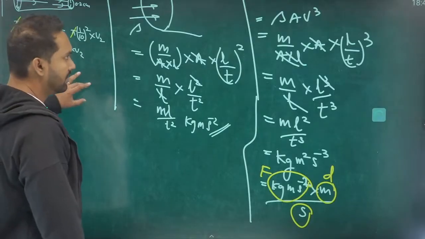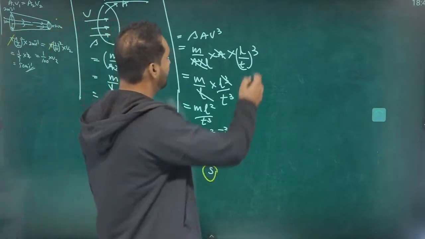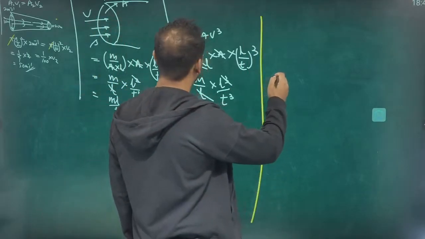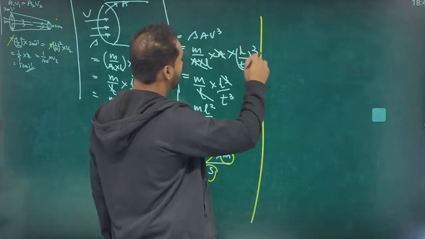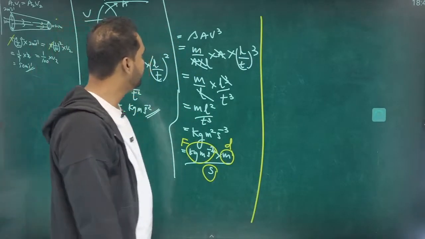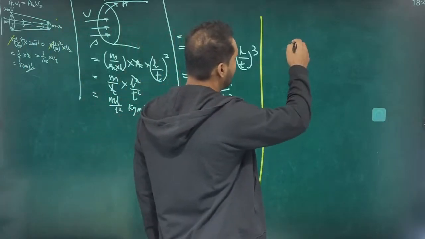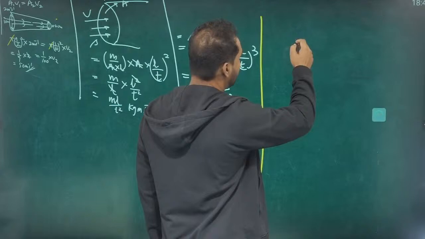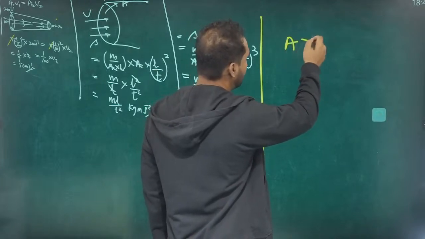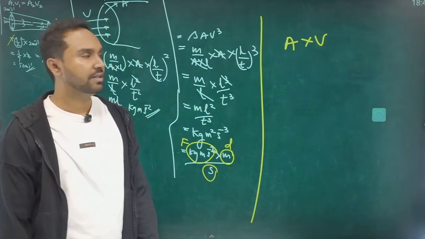So it can be taken in another way as this. How? Now rho A V cube, if we took it that way again, now the A into V gives you the volume per time, as we discussed in the continuity equation.